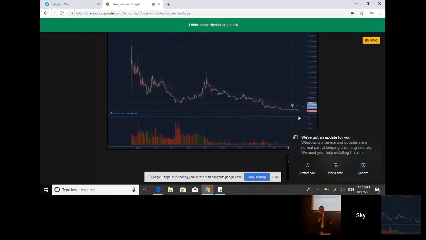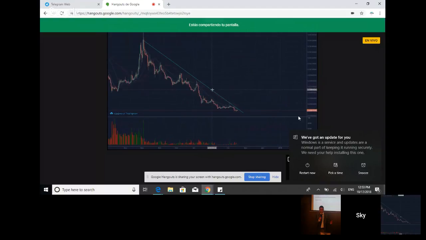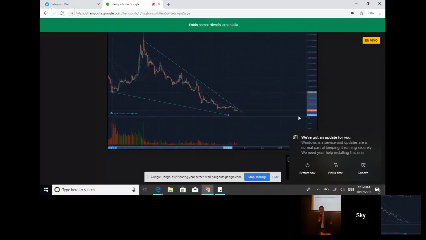So for me, I see that this coin has this resistance line, and it's about to break out from it. Until now, it's under this resistance, but very soon it will probably be broken. And we can see that we have this support line, right? So currently, we are at the apex of this descending wedge.